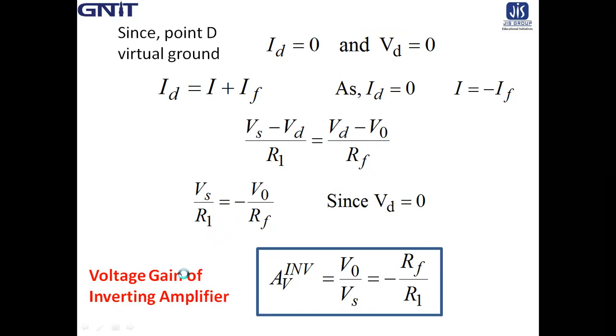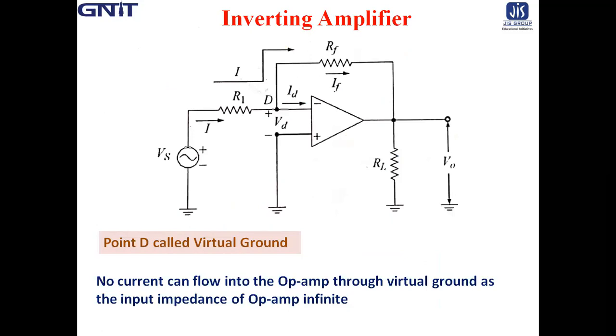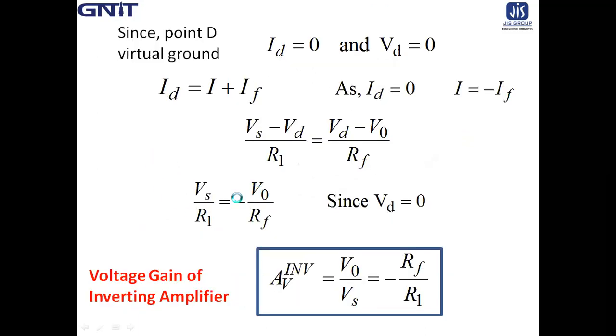Now the voltage gain of the inverting amplifier is V0 by Vs. So the voltage gain V0 by Vs is minus Rf by R1. Remember that the voltage gain for the inverting amplifier is minus Rf by R1. Now the question is why this negative sign comes. What is the physical significance of this negative sign in the final expression of voltage gain?